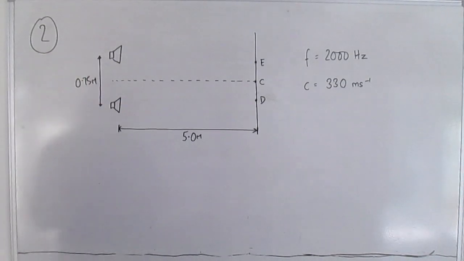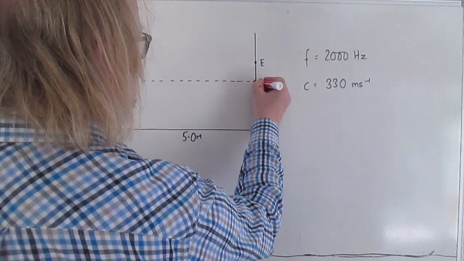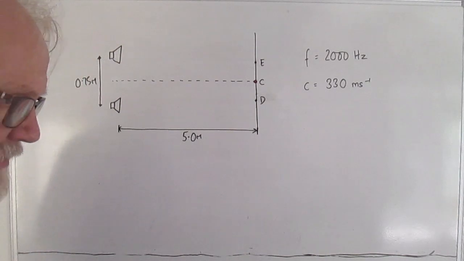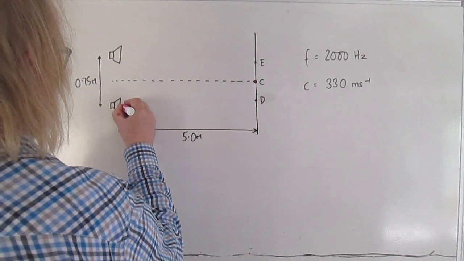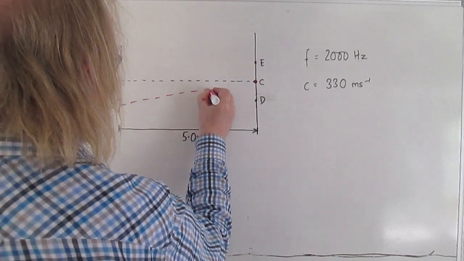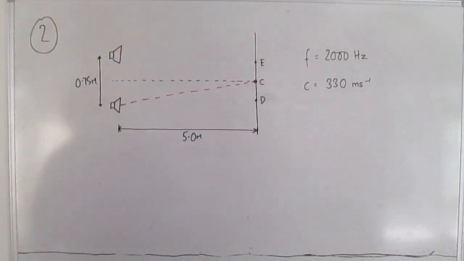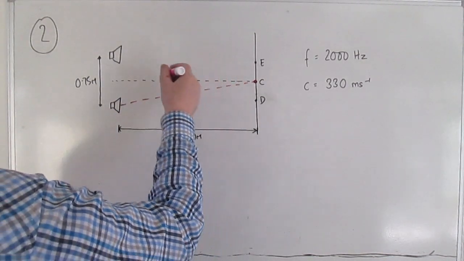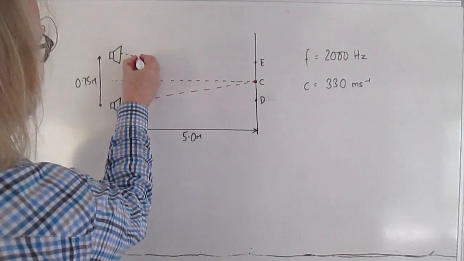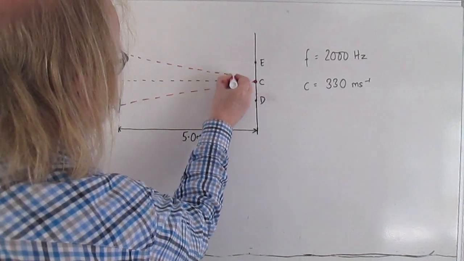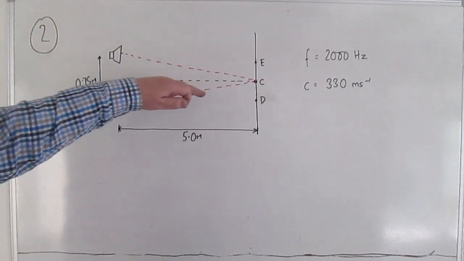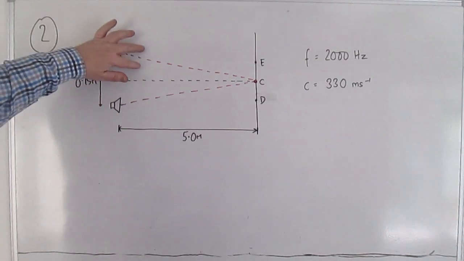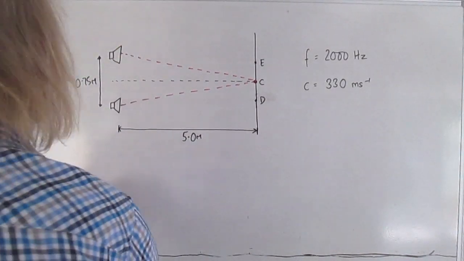So if we focus on what's happening at point C to start with, which is what it asks us first, why is there a maximum at C? The important thing to realise is that that's the path length from the speaker to C, and this is the path length from the other speaker to C, and because C is at the midpoint here, those two path lengths are the same.